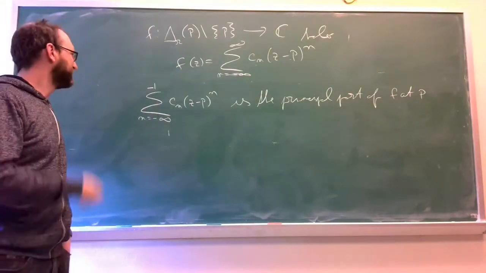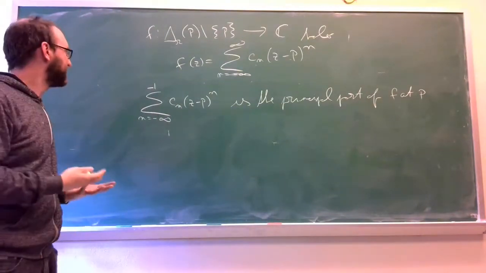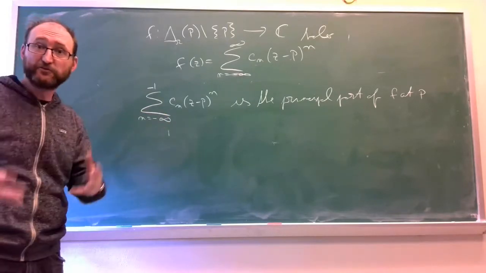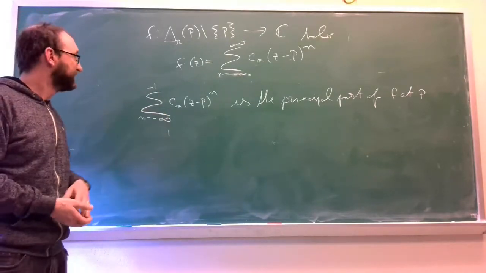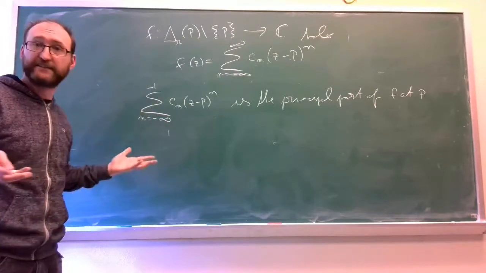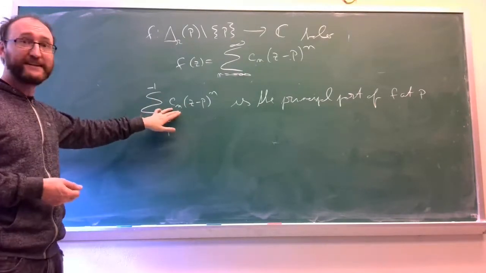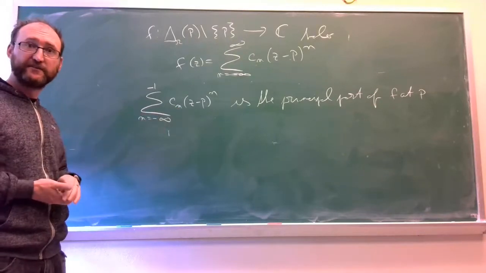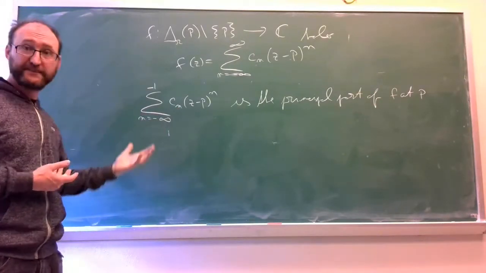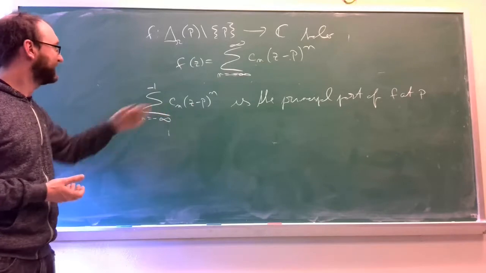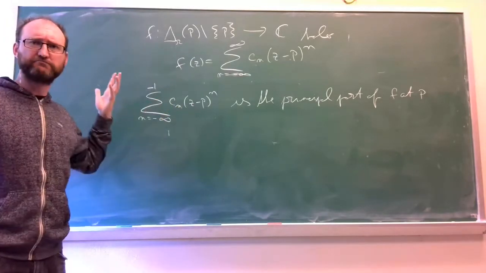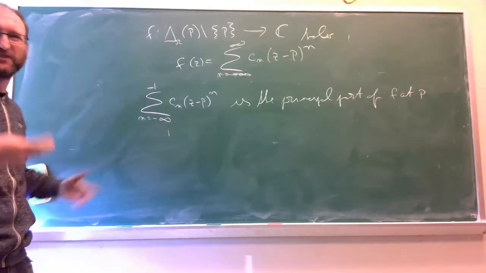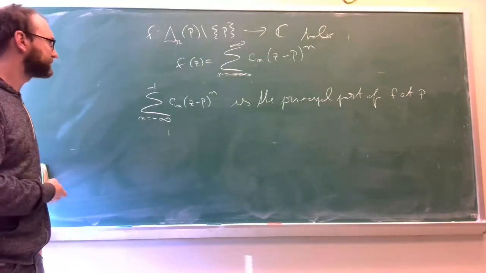So this thing basically classifies the singularity. If it has infinitely many terms, if it really is a series, then it's an essential singularity. If it has finitely many non-zero terms, if it's really just a rational function, then the singularity is a pole, and if it is zero, then you're just getting a removable singularity. There really is no principal part.